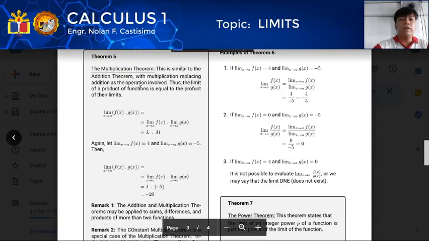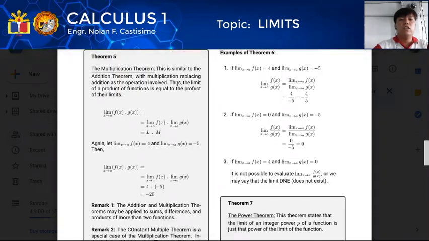Thus, the limit of a product of a function is equivalent or equal to the product of their limits. So, kung kanina sa Theorem 4, yun yung addition-subtraction theorem, itong Theorem 5, ito yung multiplication theorem. So, yung operations natin or operators na plus and minus, papalitan lang natin ng multiplication.